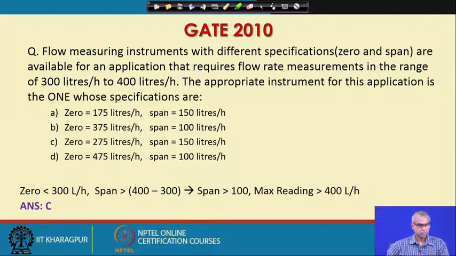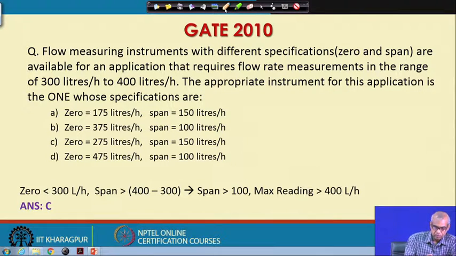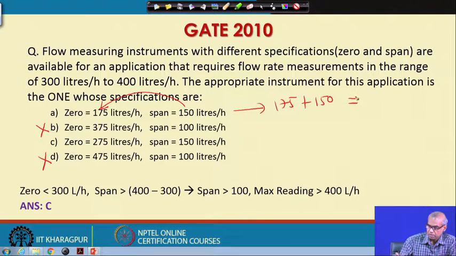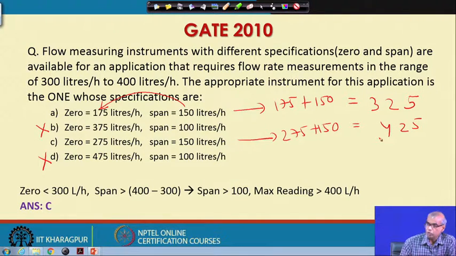Because A and C were probable, B and D were not probable. Now, if you add 150 to 175, the maximum becomes 175 plus 150 equal to 325, whereas this becomes 275 plus 150 equal to 425.